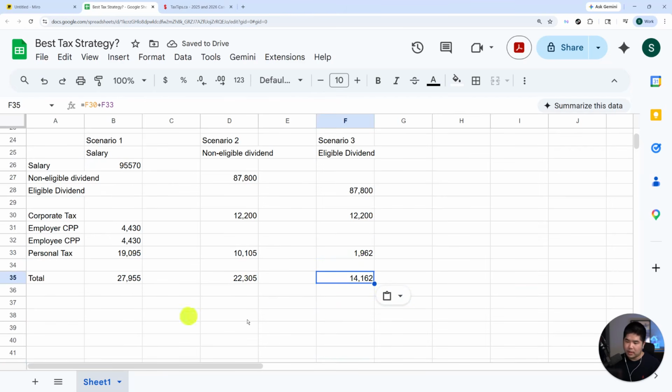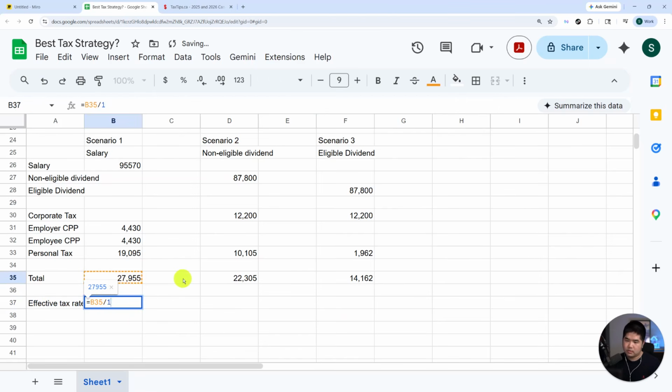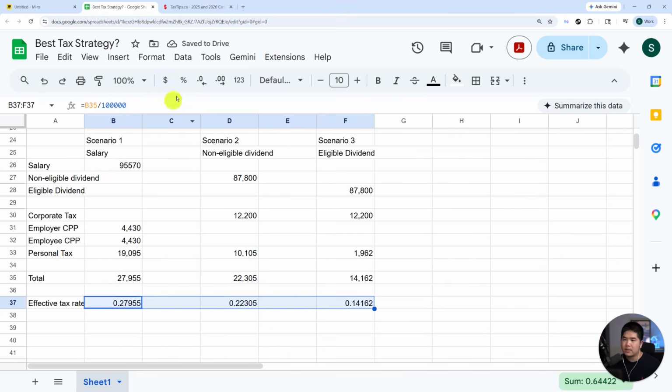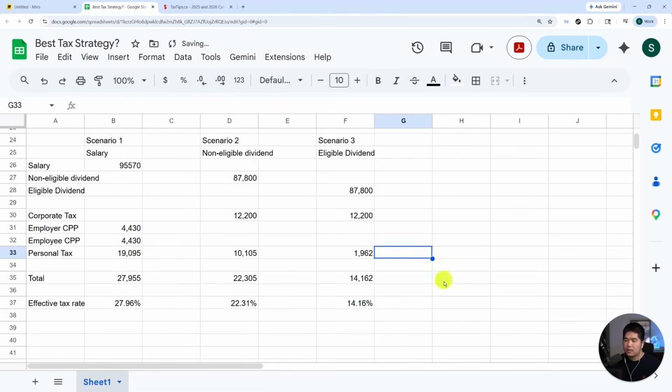And if we divide it by $100,000, 29%, 22%, and 14%, which is amazing. So yes, if this works, then you'll be paying about 14% on $100,000.